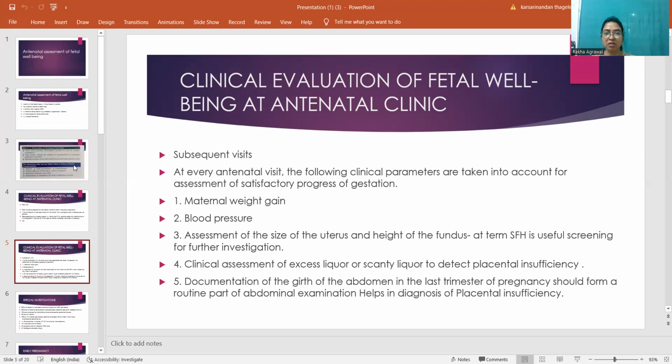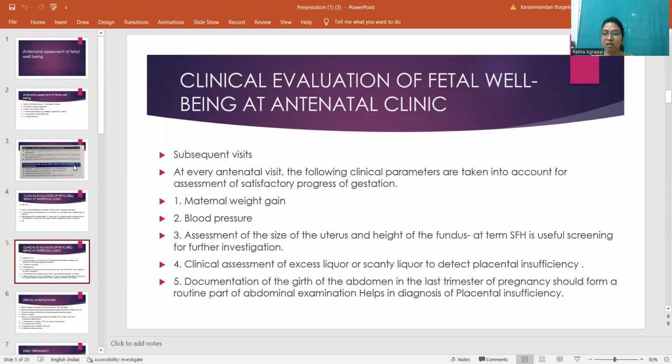Now comes the clinical evaluation of fetal well-being at the antenatal clinic. We should explain the subsequent visits to the mother. At every antenatal visit, the following clinical parameters are taken into account for assessment of the satisfactory progress of the gestation and the fetal well-being. They are the maternal weight gain, blood pressure monitoring, assessment of the size of the uterus and the height of the fundus.